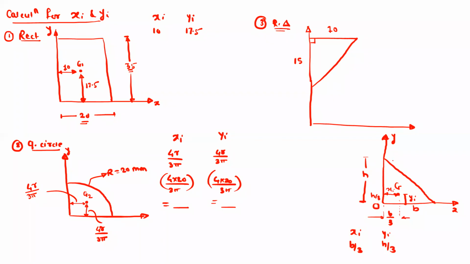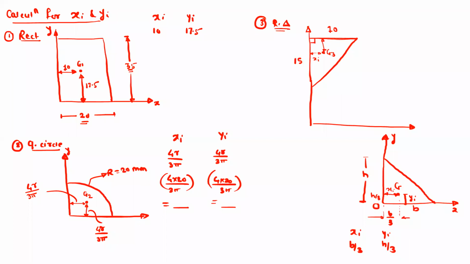By referring the standard formula, this is the position of center of gravity. Let us take this G3. This distance with respect to the y-axis will be x coordinate, so this is xi. And this distance is the position of center of gravity with respect to this base.